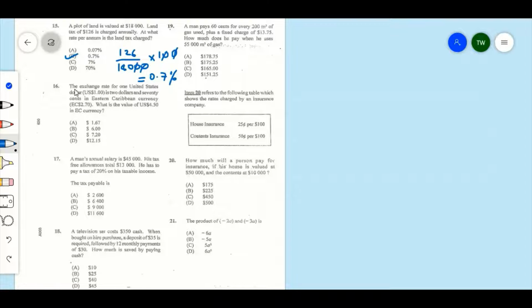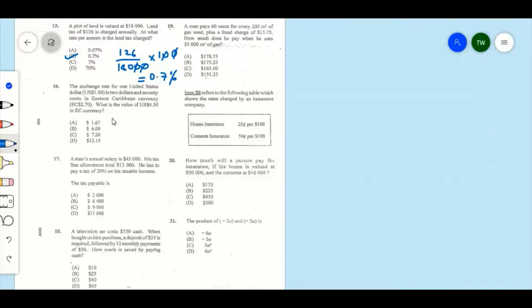Now for 16, the exchange rate for US $1 is $2.70 in EC Caribbean currency. What is the value of US $4.50 in EC currency?